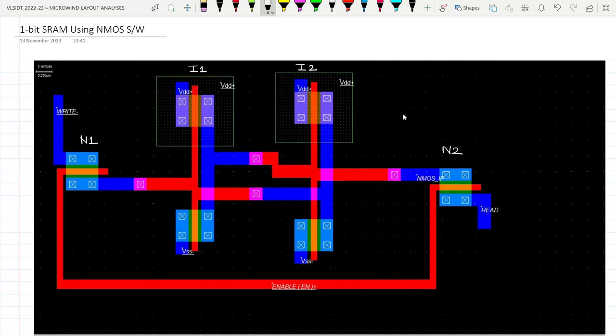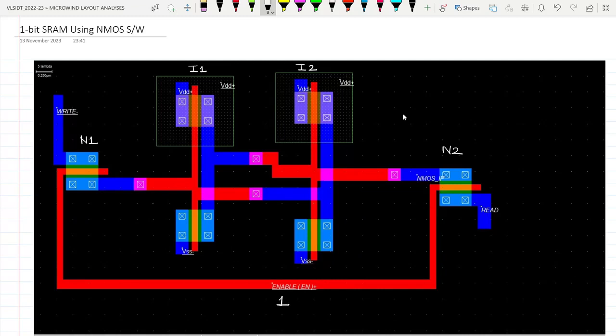This is the enable signal which will decide whether the NMOS switches N1 and N2 will remain on or off. So basically 1-bit SRAM cell is a combination of two NMOS switches N1, N2 and two cross-coupled inverters I1 and I2.